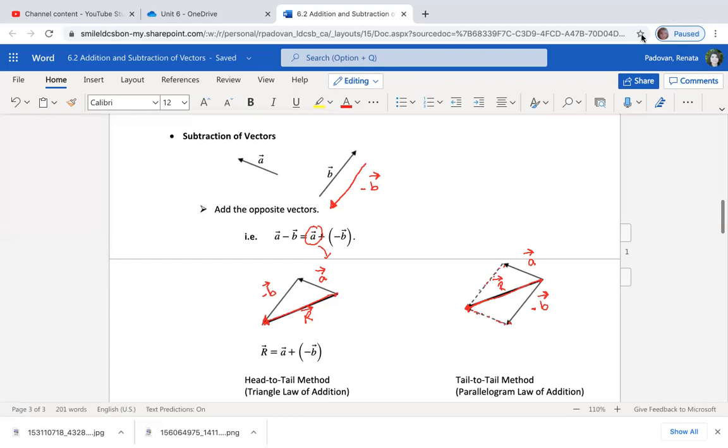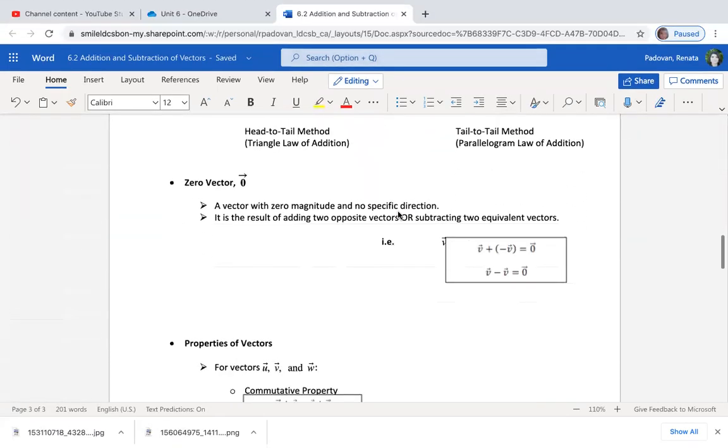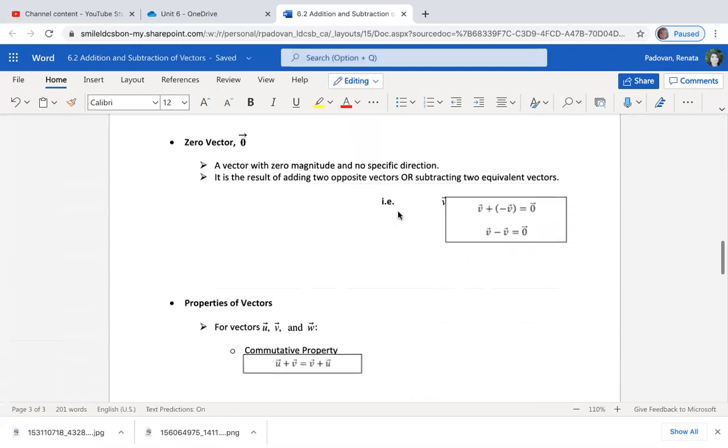Let's look at, just to explain to you what a zero vector is. A vector with a zero magnitude, so zero length. So basically it doesn't exist, right? And no specific direction. So it is the result of adding two opposite vectors. Opposite, again, they are the same length, they're just going in different directions, or subtracting two equivalent vectors.